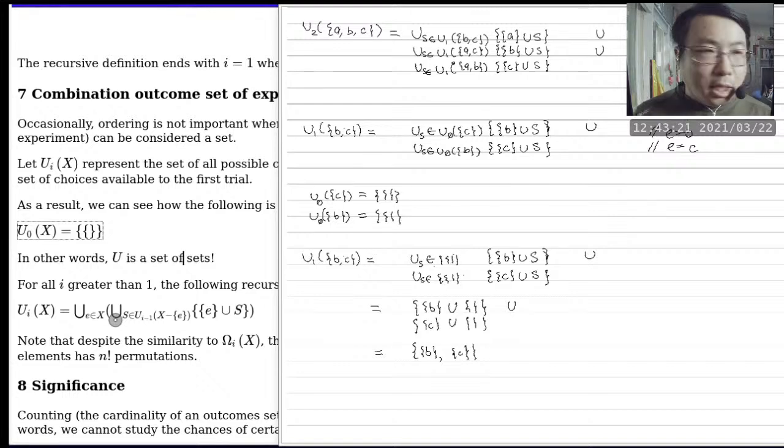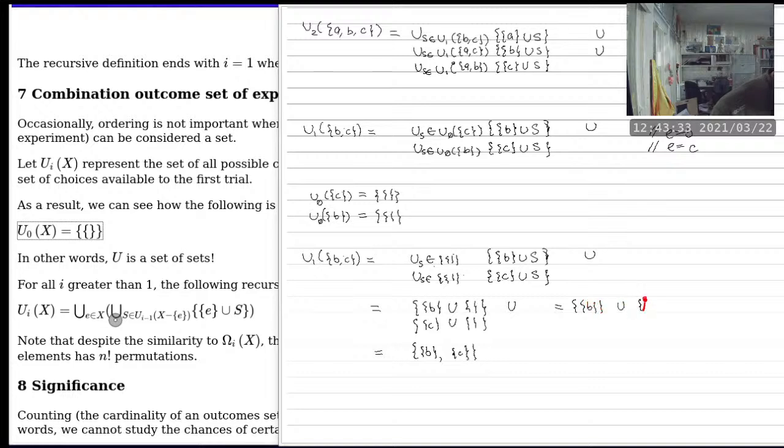Okay, very good. Getting back to Anita's question, we're going to do this step by step. So this becomes the set of B unioned with the set of C, like that, right? Are we good so far? Because anything union with the empty set is just the original thing, right?